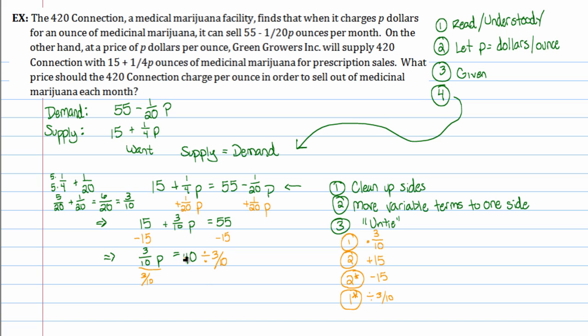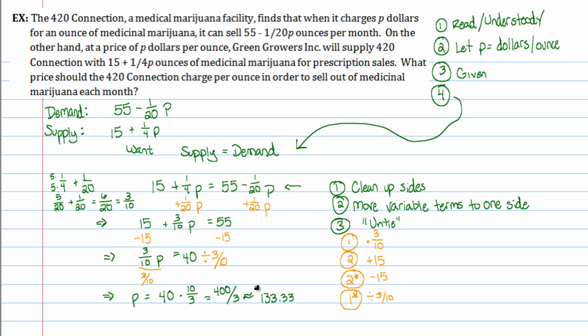Notice how when I divide by a fraction over here, I write it as a division symbol. And the reason for that is the math is a little bit easier, because you can see, oh, I have 40 times 10/3. And usually people find that to be easier. So that's 400 thirds, which is roughly equal to 133.33.